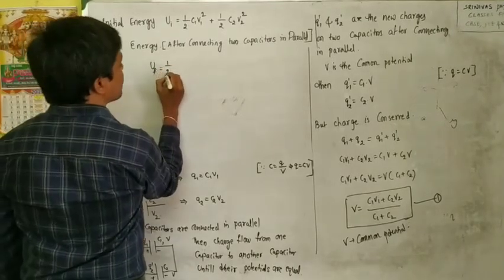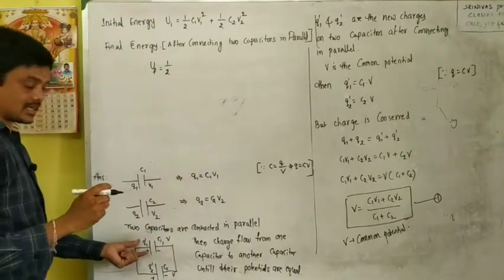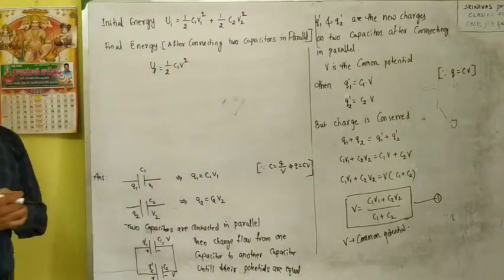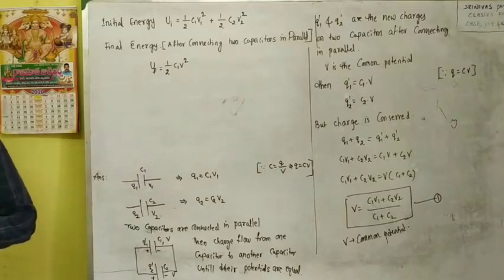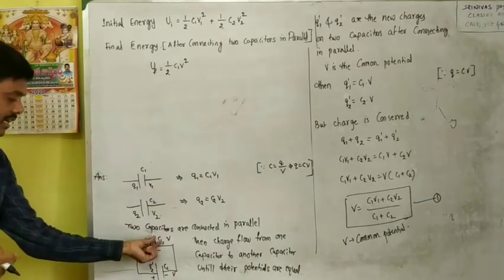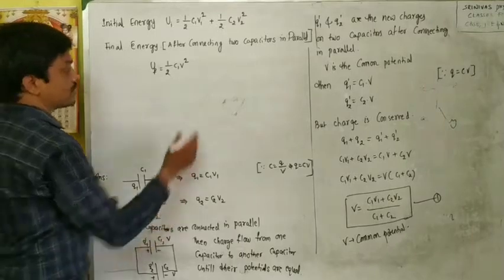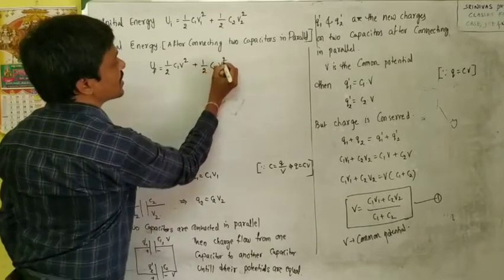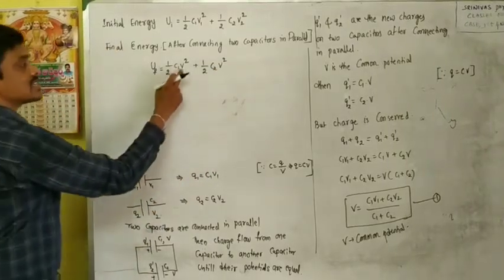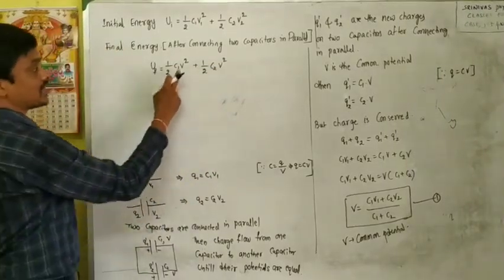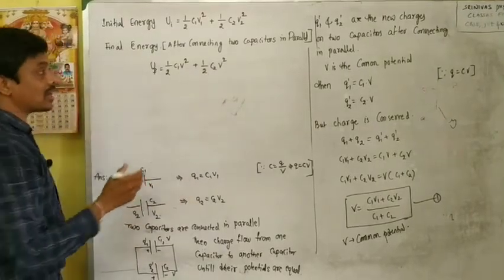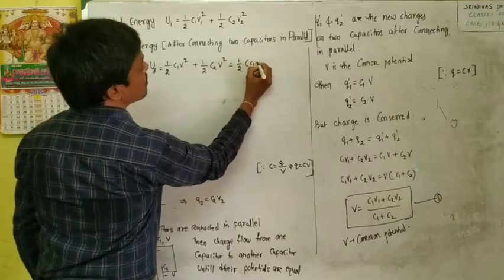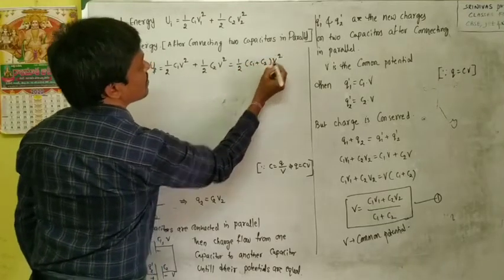The energy stored in the first capacitor is half C1 V square, because we derived the formula for energy stored in a capacitor, half CV square, and here the potential is V. The energy stored in the second capacitor is half C2 V square, because V is the same here; V1 and V2 are not there. After connecting the two capacitors in parallel, they acquire the common potential. Then we get the final energy as half into C1 plus C2 into V square.